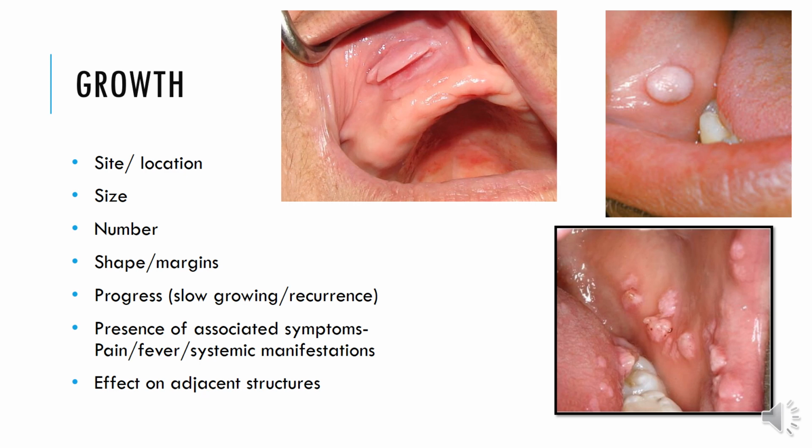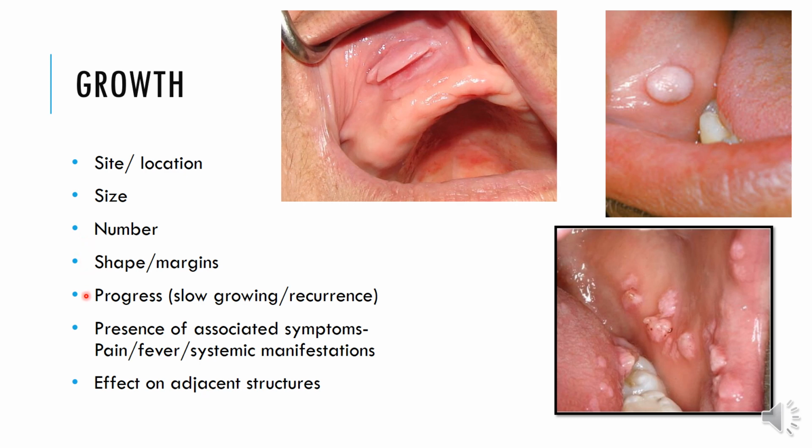Next, let's move on to growth. When we're talking about growth in the oral cavity, there are some images that come to your mind. These are some of the common images which I have displayed here. Again, it's important when you're looking at a growth to look at the site or the location, the number of growths that you're seeing, size, shape and margins of the growth, progress.